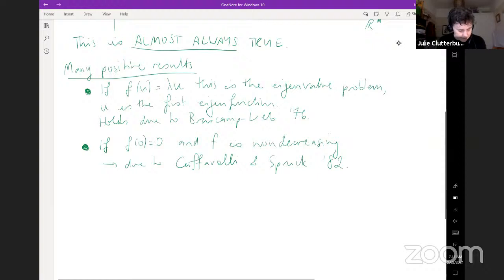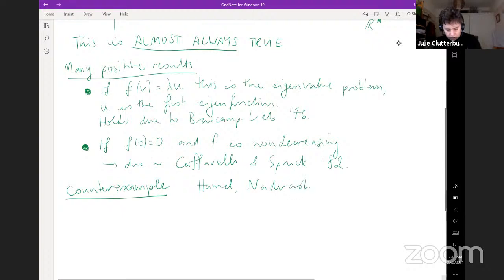So this is quite recent, and this is sort of what made me a little bit more interested in this problem in itself rather than as a tool for finding other results. And this is due to Hamel, Nadirashvili, and Sire.